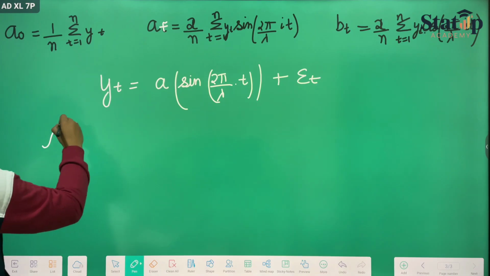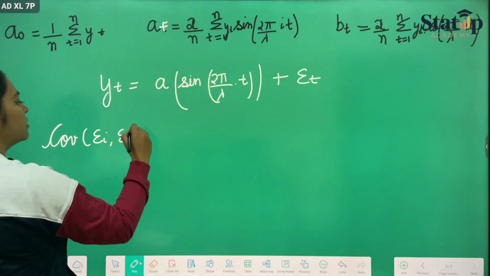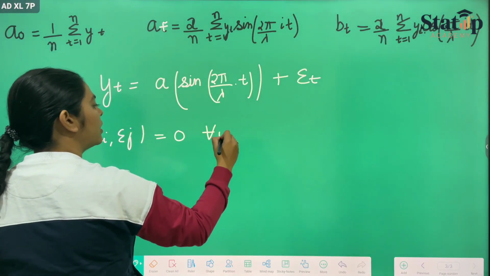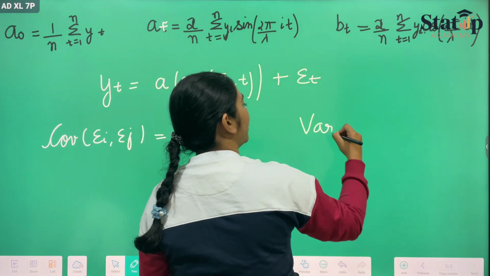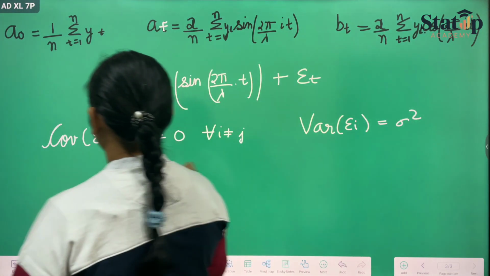Here covariance of epsilon i and epsilon j equals 0 for all i not equal to j. Variance of epsilon i should be equal to sigma square.